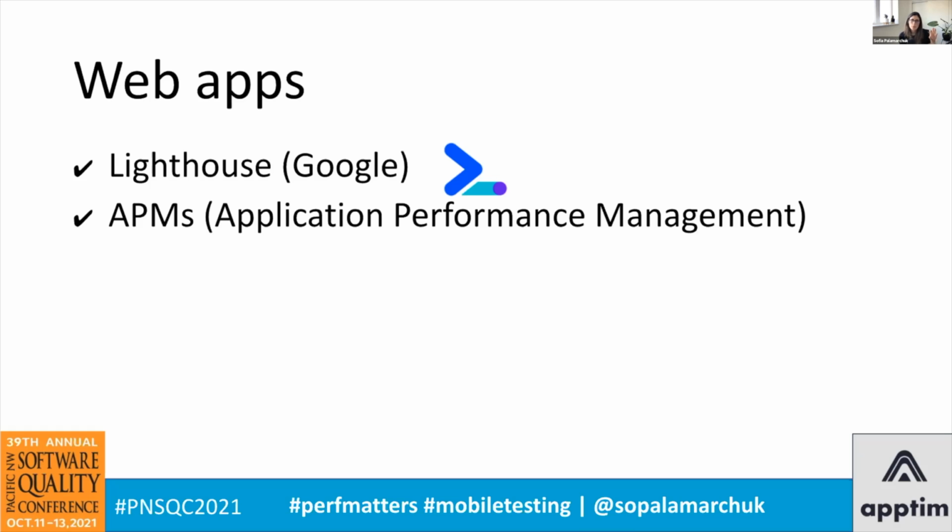A lot of the metrics that I mentioned previously, you could actually analyze with a tool like Lighthouse. There are also APM tools, which stand for Application Performance Management, that give you a lot of information and optimizations you can do on the client side when you're testing a website, from a desktop or from a mobile device.